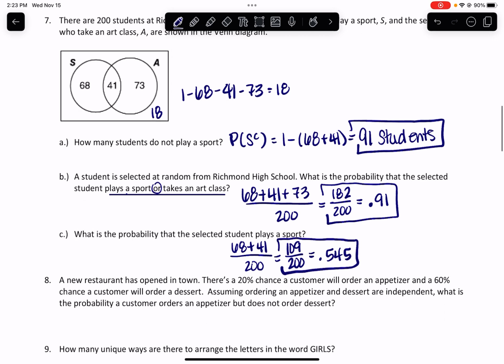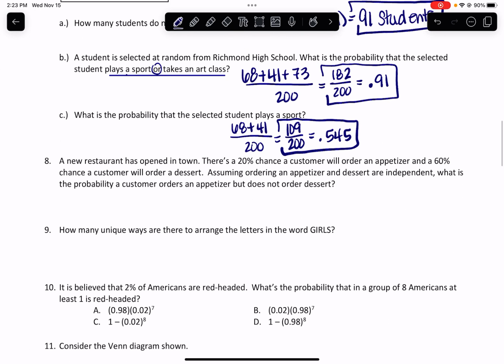Okay. A new restaurant is open in town. There's a 20% chance customers will order an appetizer and a 60% chance that they will order dessert. Assuming ordering an appetizer and dessert are independent, so that's key, what's the probability a customer orders an appetizer but does not order a dessert?